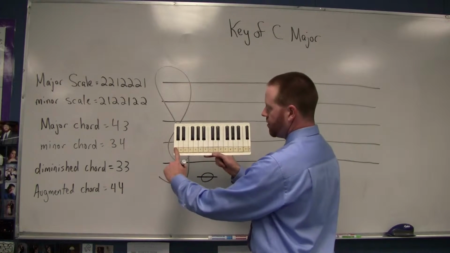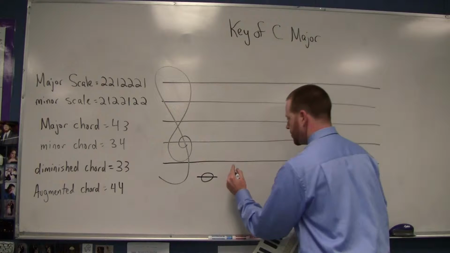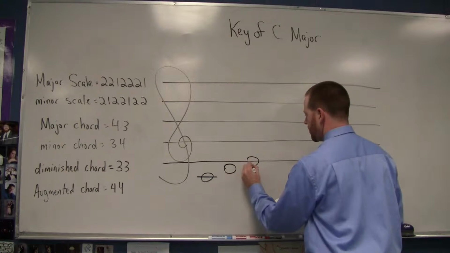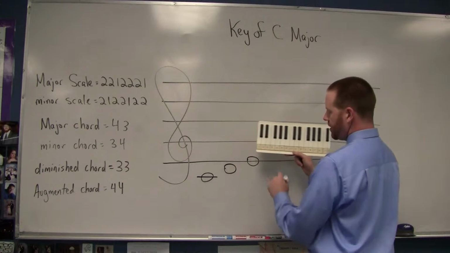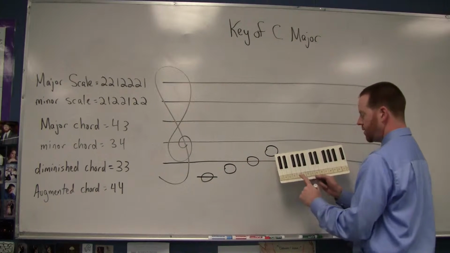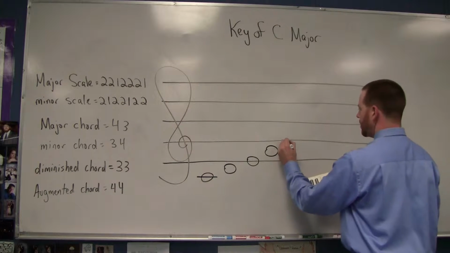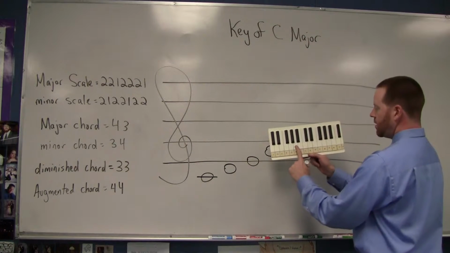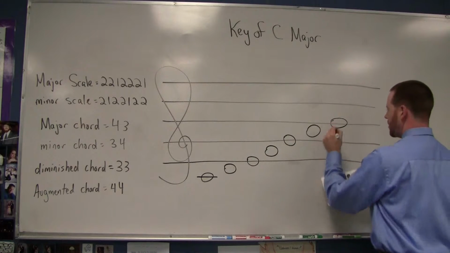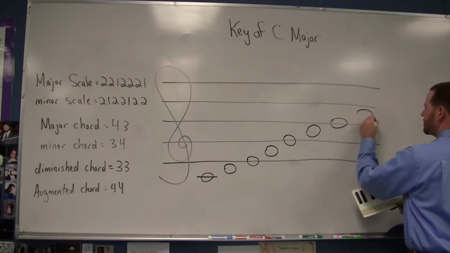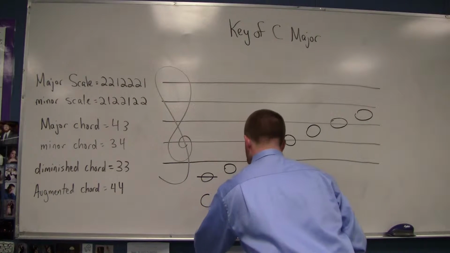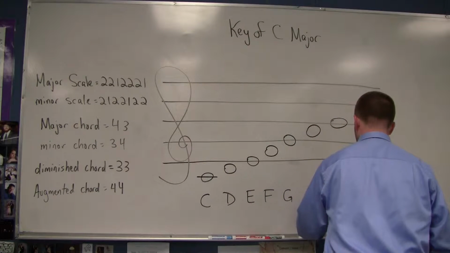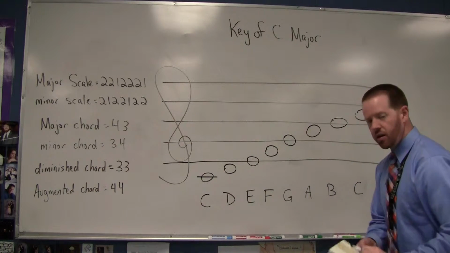So starting on C, we go up 2 notes and get our next note, which will be D. 2 notes above D is E. 1 note above E is F. 2 notes above F is G. 2 notes above G is A. 2 notes above A is B. And 1 note above B is C. So here we have C, D, E, F, G, A, B, and C, the C major scale.